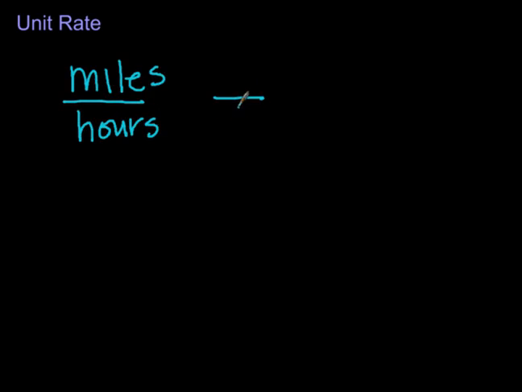So rates are things that we're going to see more commonly in the real world. A unit rate is specific because it is always a rate that has 1 as its bottom number. So if we're dealing with miles and hours, the bottom number would be 1.